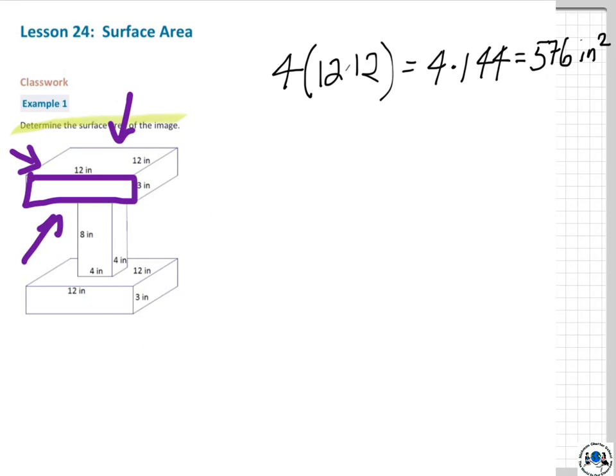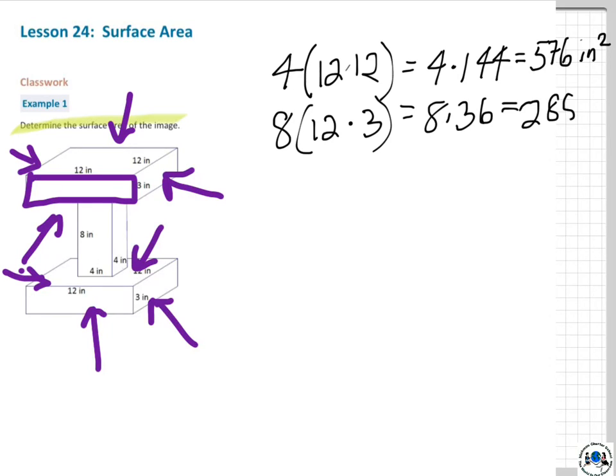Alright, so next we have a whole bunch of squares. Quite convenient in the fact that all of these are going to be the same size, same dimensions. So we have 8 different faces that are all 3 by 12.